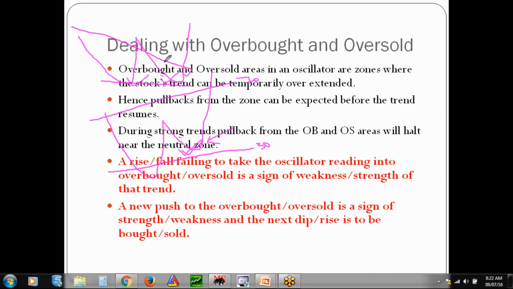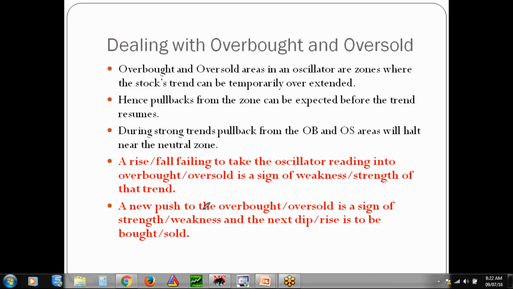The rate at which the price was falling earlier is not similar; this rate has decreased.